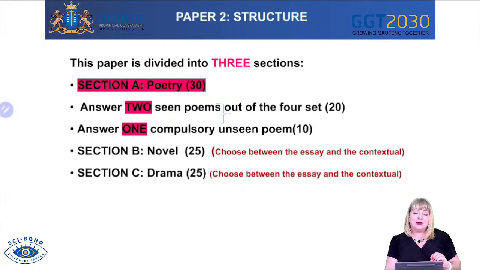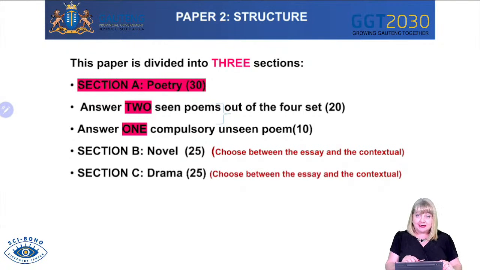What you can remember, of course, is that all of these instructions that we're talking about now will also be in the paper tomorrow. They very, very clearly instruct you which questions must be answered and how to go about choosing your questions. And they even provide you with a checklist on the paper. It's always on page 3 of your literature question script.